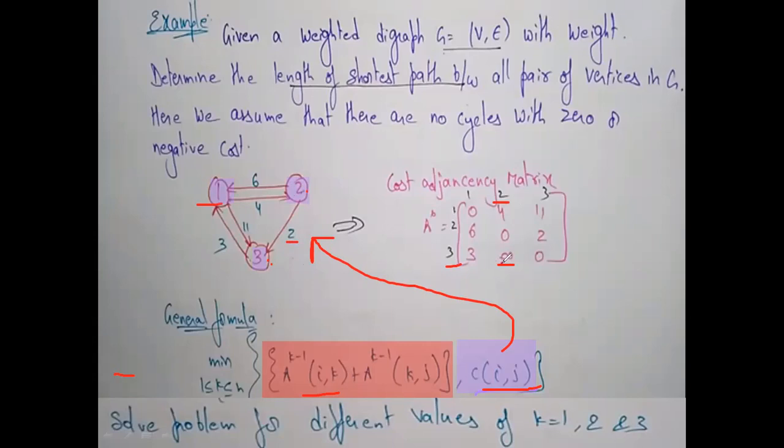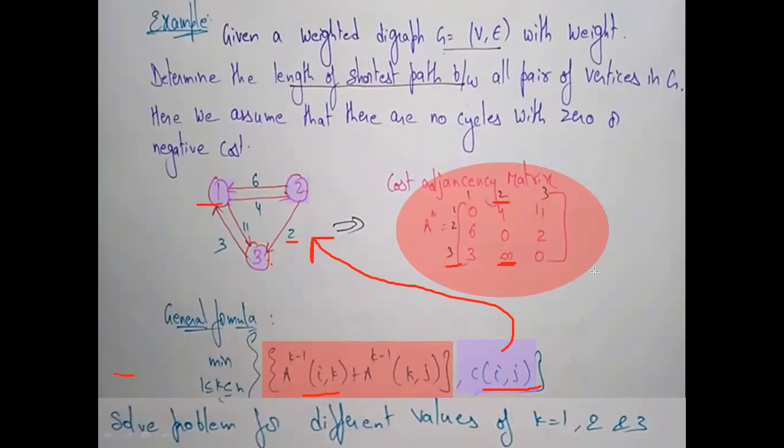So 3 to 2 is infinity. If your adjacency matrix is perfect, then the rest of the problem will be perfect. If your adjacency matrix has mistakes, then your entire problem will be wrong.